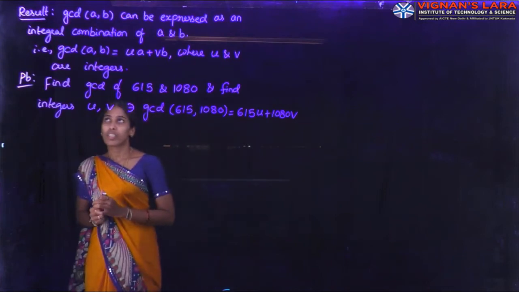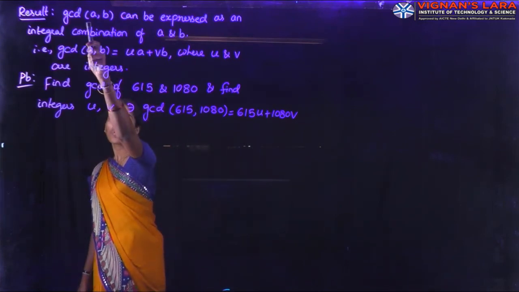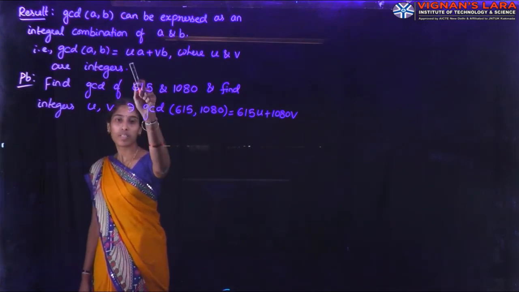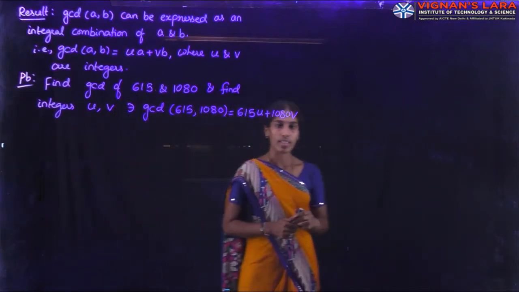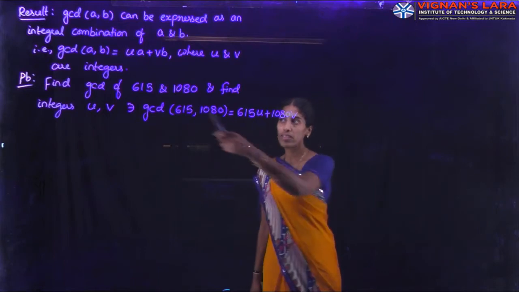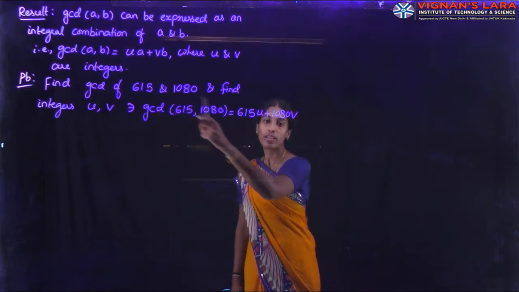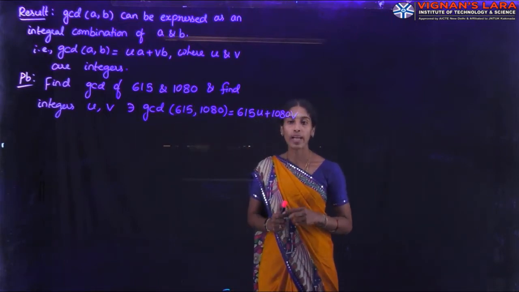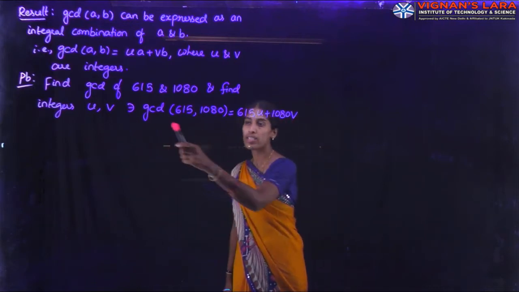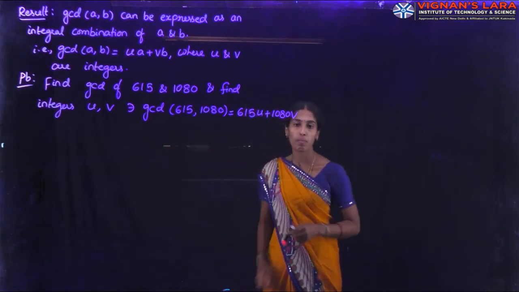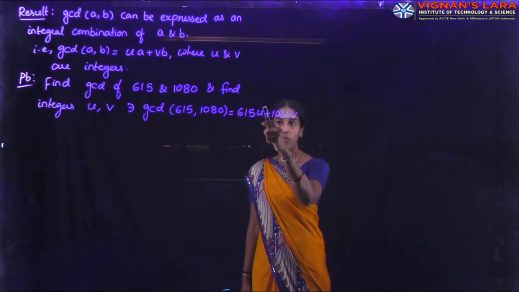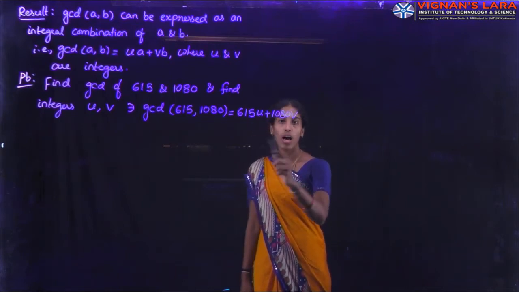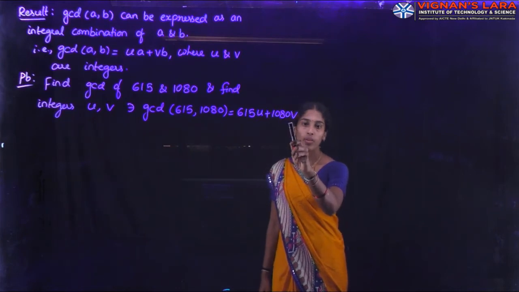So here the result is any two numbers' GCD can be expressed as UA plus VB, where U and V are integers. Now they ask to find GCD of 615 and 1080 and also find the integers U comma V such that GCD of 615 comma 1080 equals 615 into U, we need to find this integer U, and 1080 into V, right?